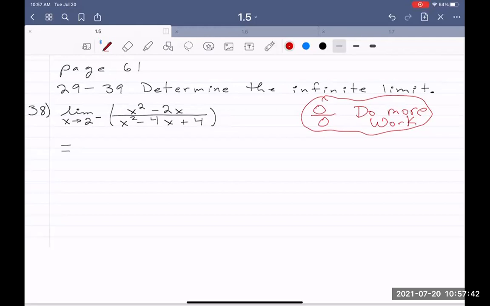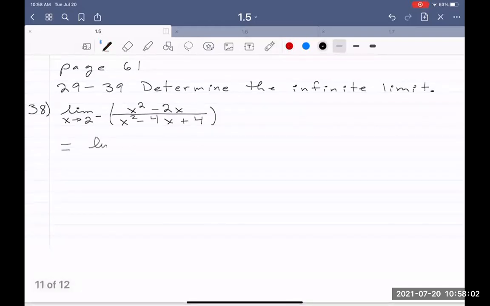So when doing these limits, think of that as just the indication that you must do more work, that you're not done yet, that you've got to figure out what's going on. So let's do more work.